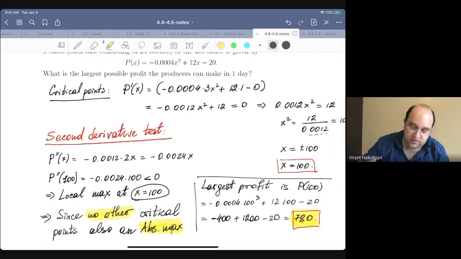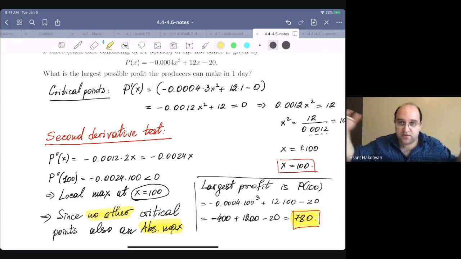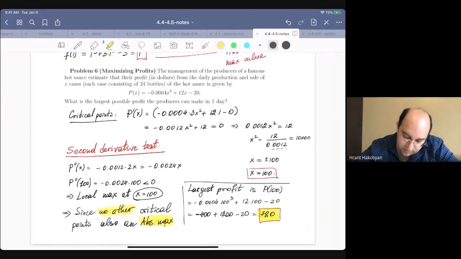And because there are no other critical points in the interval we're interested in, and there are no endpoints because there is no limit on the number of items you can produce, you only have one critical point in that interval. You compare it at that point, and what you get is that this is the absolute maximum, especially because the second derivative test tells you that it's also a local maximum. So the local maximum is an absolute maximum if there are no other critical points.